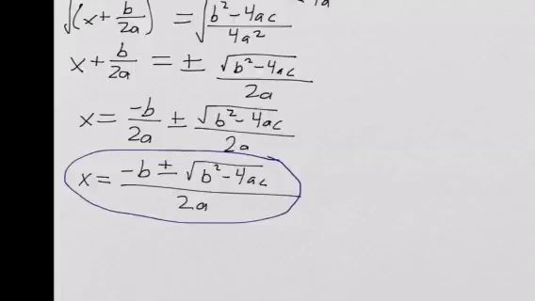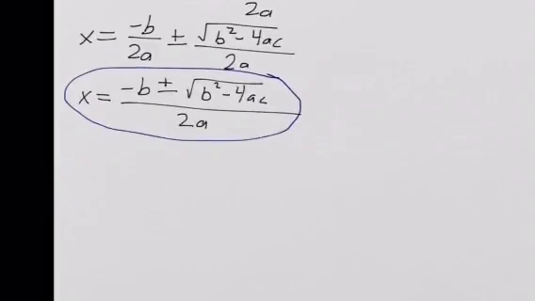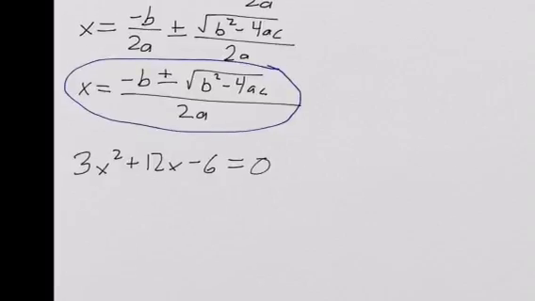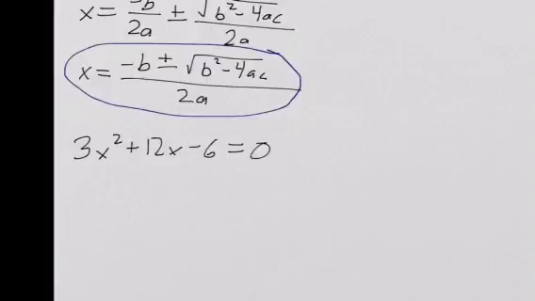So we can use that to solve a quadratic equation such as 3x squared plus 12x minus 6 equals 0. Now if I didn't have it equal to 0, I'd have to make it equal to 0. Since I have it here, all I have to do is plug it in.